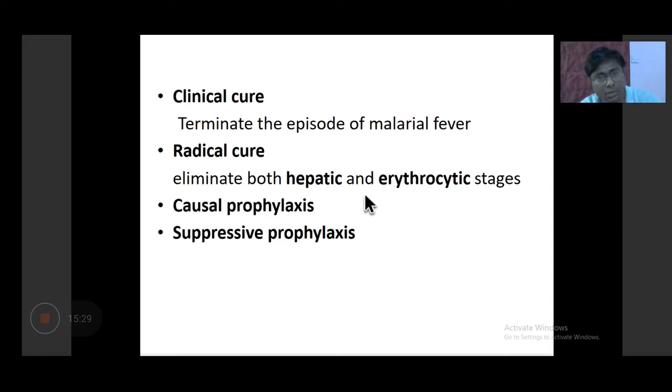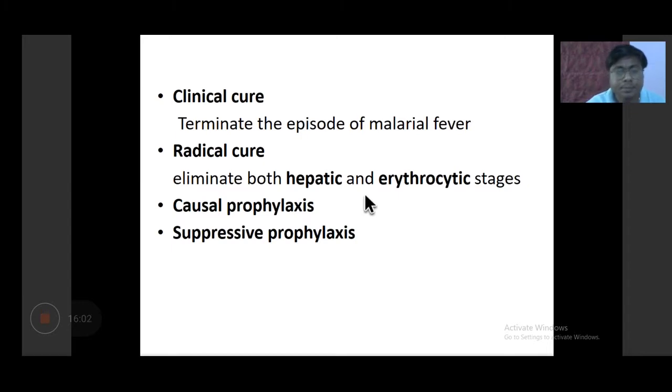Then what is causal prophylaxis and what is suppressive prophylaxis? With the term prophylaxis, you know that there is no infection, no disease; it is a prevention. But what is causal and what is suppressive? Causal is when you are targeting the pre-erythrocytic stage, from which the parasite would go to the erythrocyte and lead to the disease. If you target before the erythrocytic stage, it is known as causal prophylaxis because you prevented the cause of the disease.